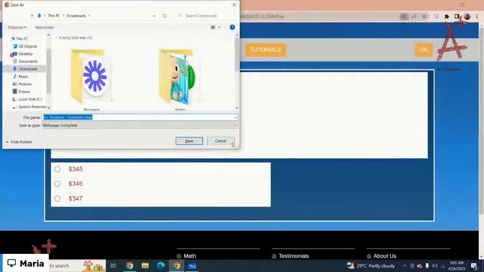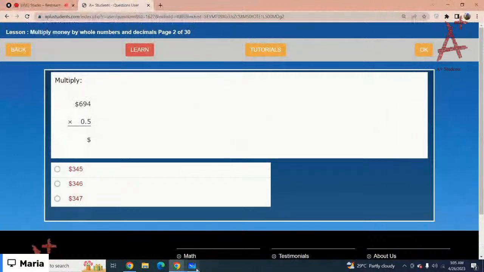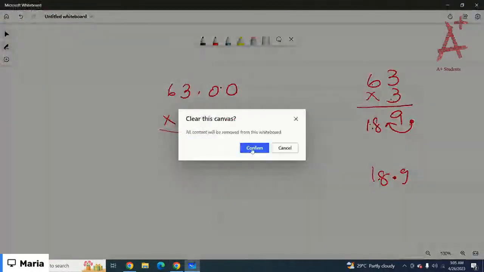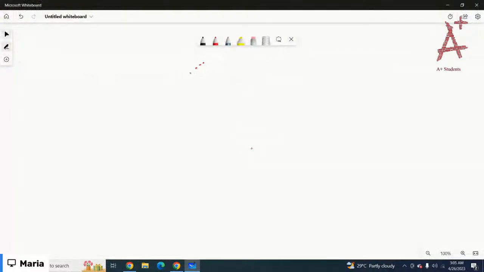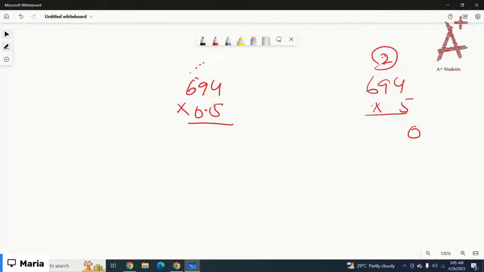Okay, the next one is 694 times 0.5. So let's just multiply without a decimal point. It would be 694 times 5. So 5 times 4 is 20. Here you have 0 and 2 carry. 5 times 9 is 45 and 2, 47. 7 and 4 carry. 5 times 6 is 30 and 4, 34. So you have to move decimal point one place left.